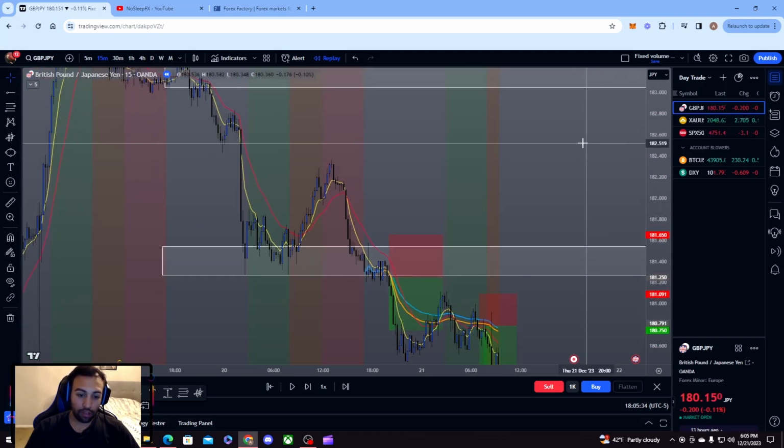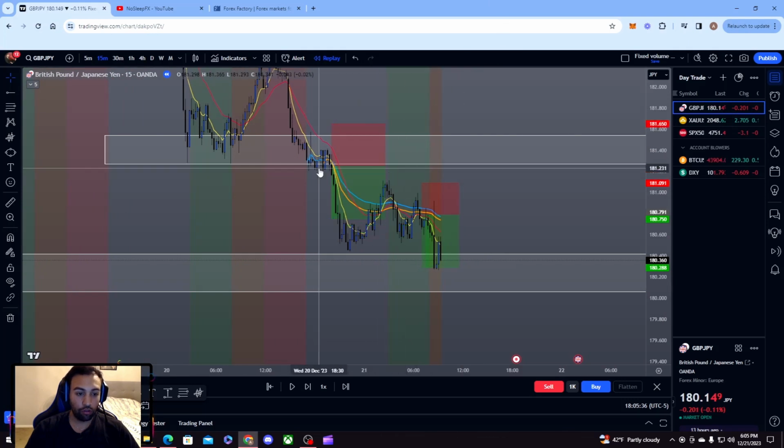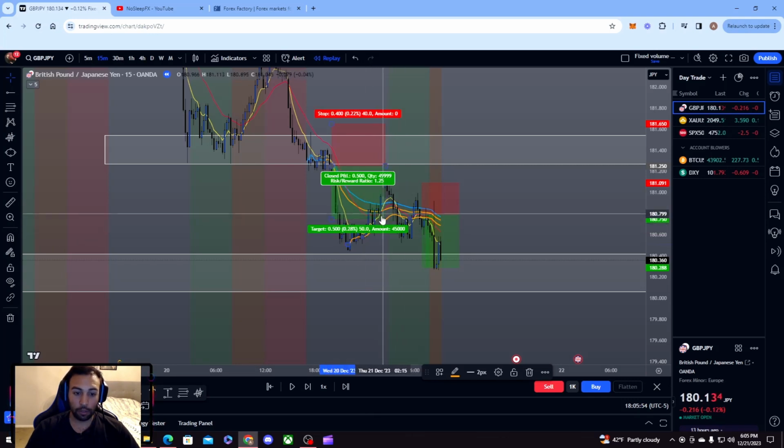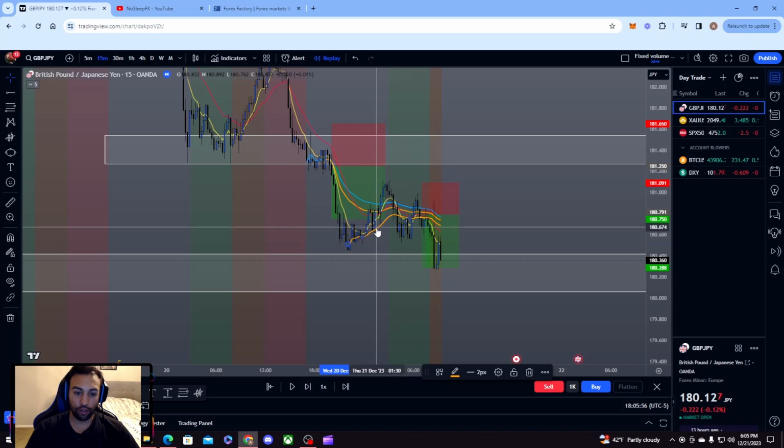For the price-based one, you see how price came down and made a new daily low within the Asian session, right? We could have easily put a new anchored VWAP or just taken that old one off and moved it down here. Same idea, same concept, it just looks a little different.